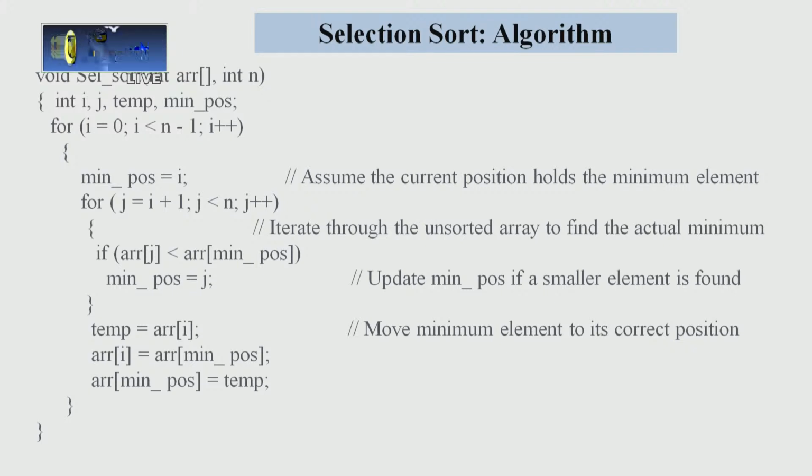By doing this, we get the position of the smallest element from the unsorted list, and then we swap it with the outer loop's i element. When i is 0, we swap it with the first element, and if i is 1, then we swap it with the second element.